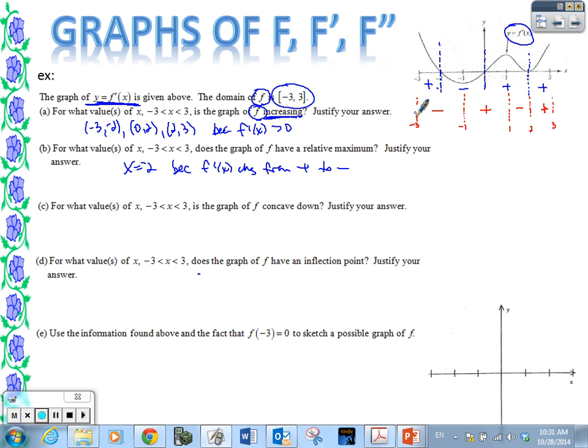So I'm going from -3 to -1. We okay with that? Okay. And am I concave down somewhere else? Yes. From 1 to 2. And that's it, right? Because f double prime of x is less than 0.